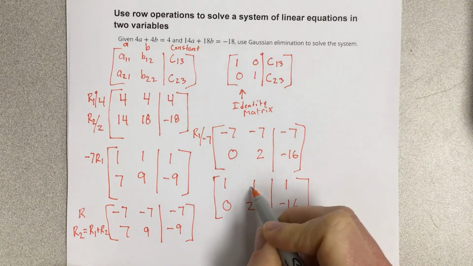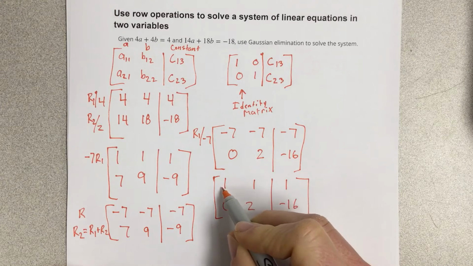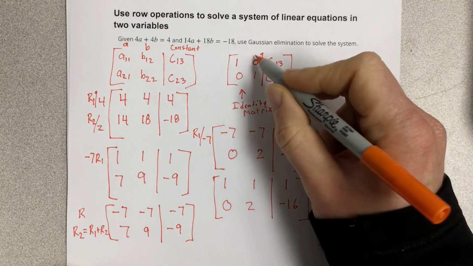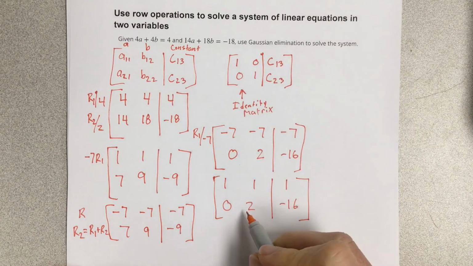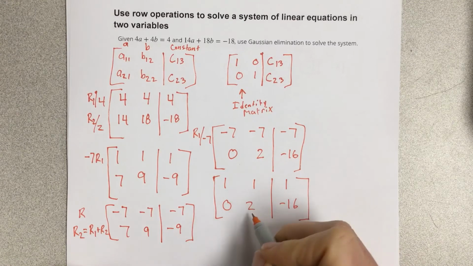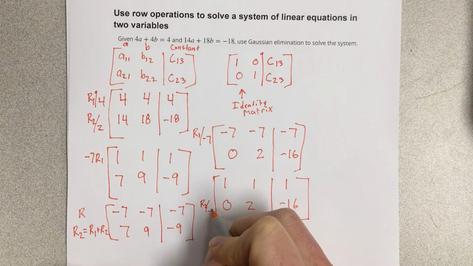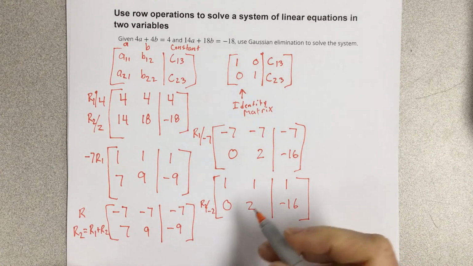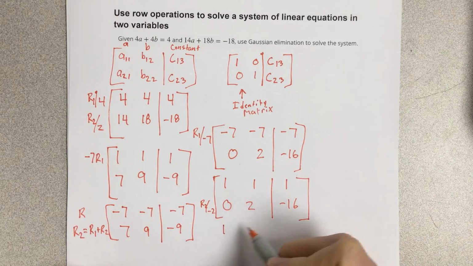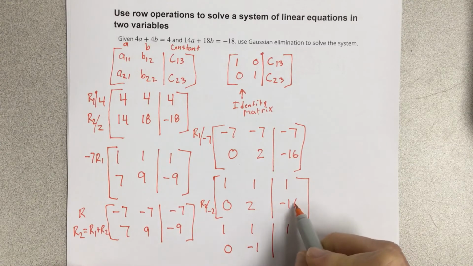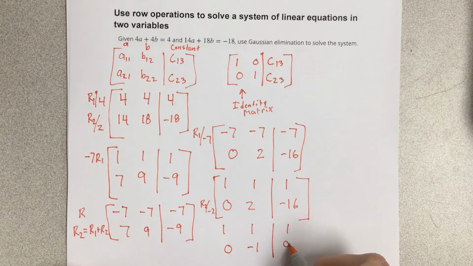This would be the row 1, column 2 spot. I want to make that 0 so that I get this identity matrix. To do that, I'm going to divide the bottom row by negative 2. So let's go row 2 divided by negative 2. When I do that, that's going to give me 1, 1, 1 still on top. And then on the bottom, I'll get 0, negative 1. Divide this by negative 2, and I get 8.